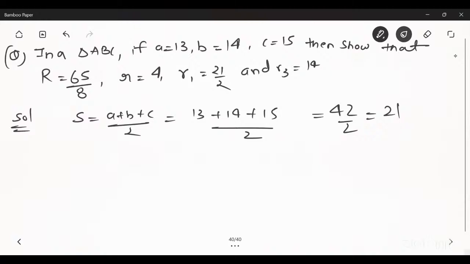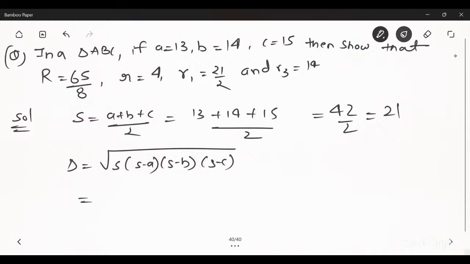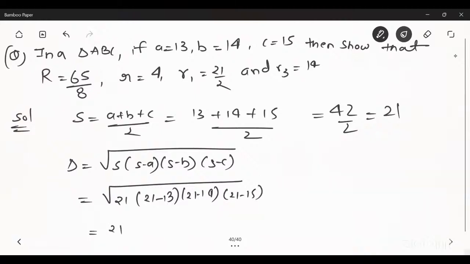Now the value of delta, meaning area. Area is equal to under root of s(s minus a)(s minus b)(s minus c), equal to 21 into (21 minus 13), (21 minus 14) and (21 minus 15). So 21 minus 13 is 8, so under root 21 times 8 into 7 into 6.